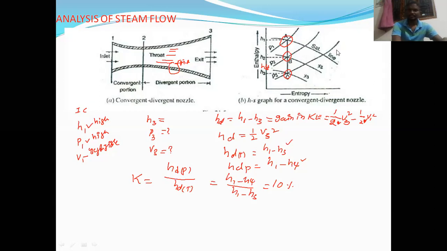The expansion of the steam happens in an isentropic manner, and K is known as the coefficient of nozzle or efficiency of nozzle, which is always 90% to 95%. The 5 to 10% loss happens because of friction in the nozzle.